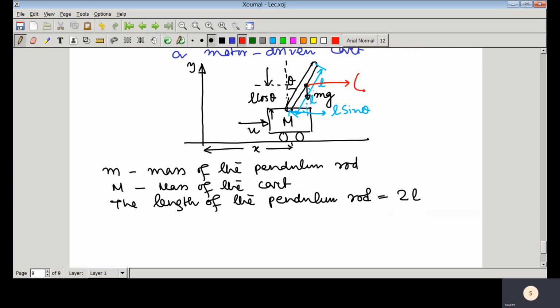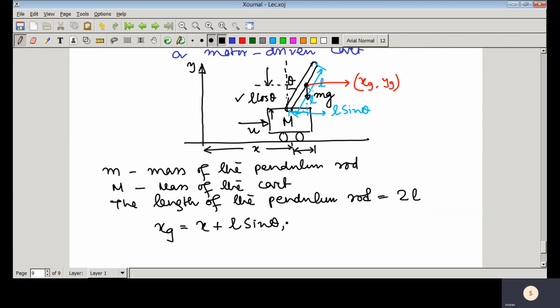Now if you see the coordinates, suppose this coordinate is xg, yg. Here xg equals this distance x plus the length of this point, so x plus L sin theta.